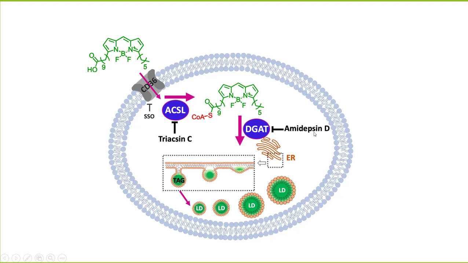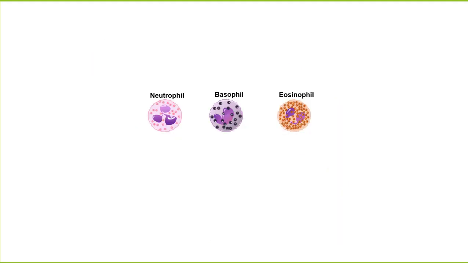That means we could hijack the metabolism pathways only selectively overexpressed in neutrophil and distinguish those cell types. So that's why we call this approach metabolism-oriented live cell distinction.